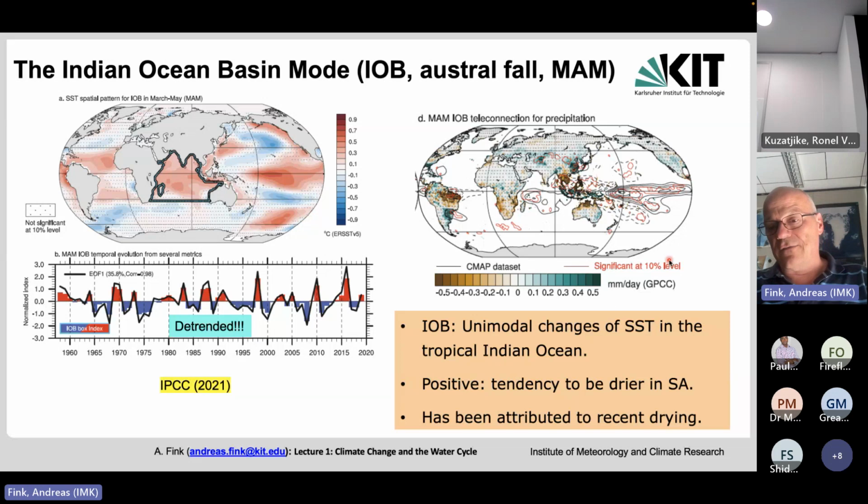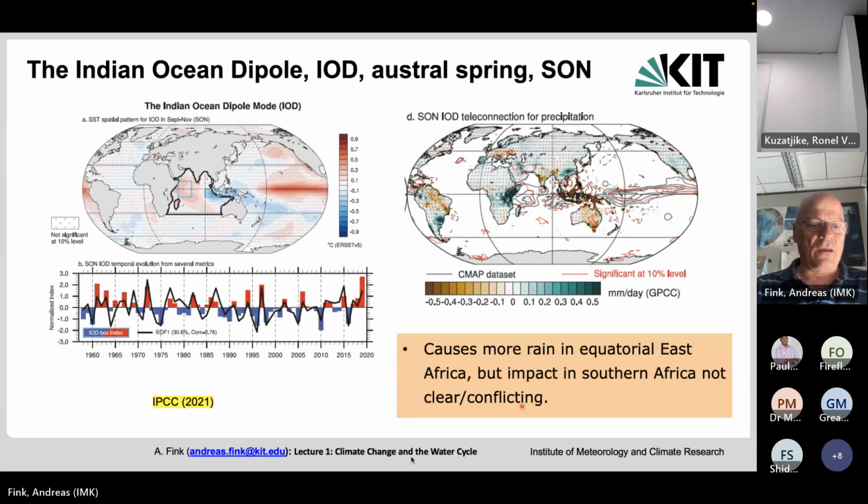However, it's not significant at the 10% level in this analysis, so one has to be a little cautious. Nonetheless, because the Indian Ocean is warming, that has been attributed to drier conditions that have been observed recently in Southern Africa, at least in some parts. But I personally would say the Indian Ocean basin mode teleconnection is uncertain.